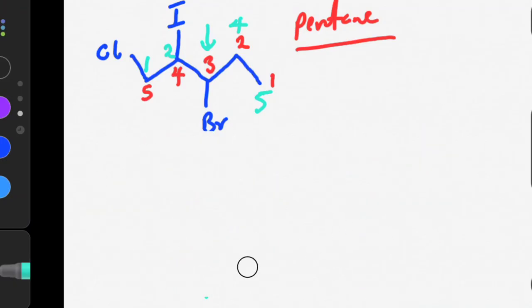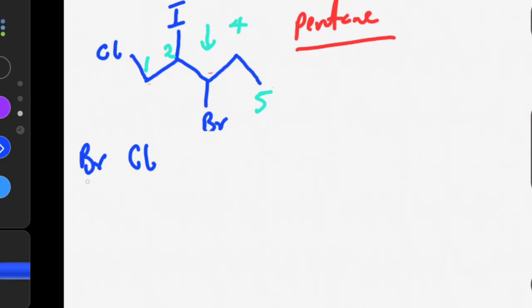So since we are going to go from the left to right, meaning that we won't be going from right to left. That is to say, for us to name this particular structure you see here, then we are going to name them. As you can see, we have different substituents. We're going to name them in alphabetical order. Bromine comes before chlorine.